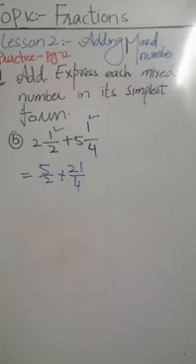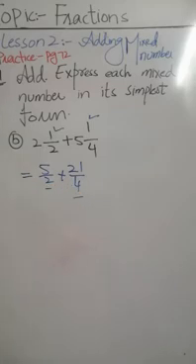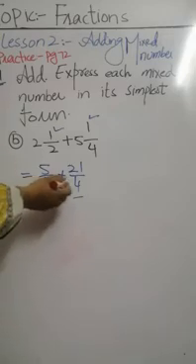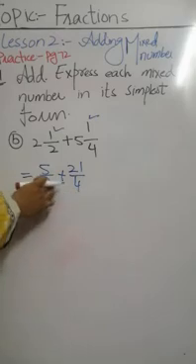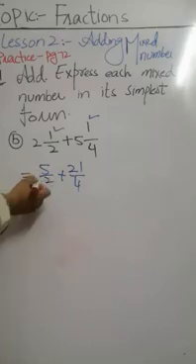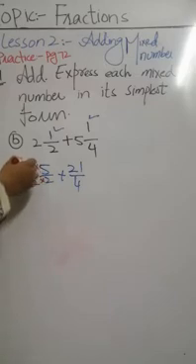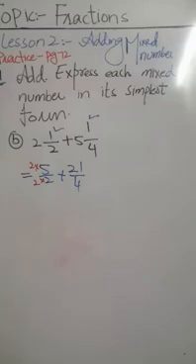Now the rule for adding any fractions: if we want to add these two fractions, we must have their denominators the same. In the first fraction we have 2 as the denominator, and in the second fraction we have 4. We make the first fraction's denominator 4 by multiplying its numerator and denominator by 2.